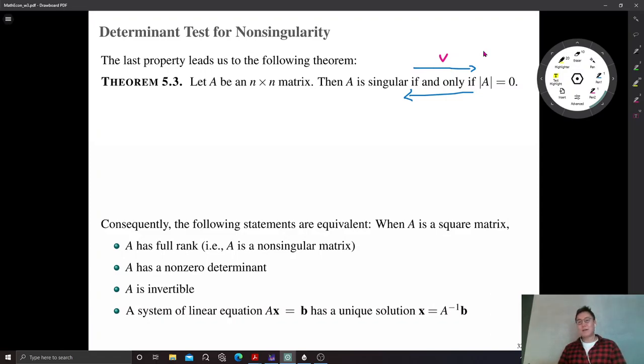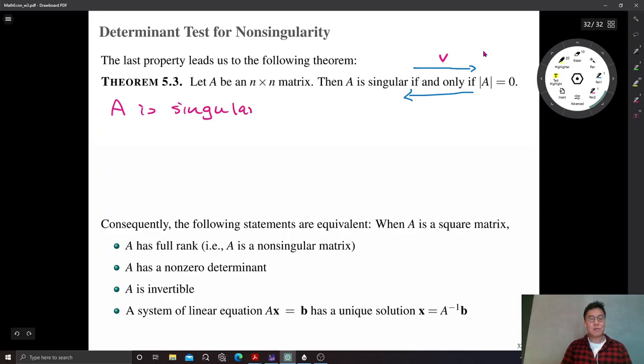So when we study the rank of a matrix, we say matrix A has full rank if the rank of the matrix is the same as the dimension of the matrix. So A is singular.